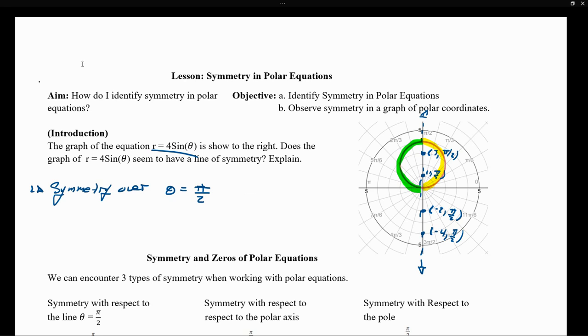So there might be some functions that will be symmetric over certain lines, and our first example is that we can have a symmetry over the line angle equals pi over 2. But what are other lines of symmetry that we might encounter whenever we're dealing with polar equations?